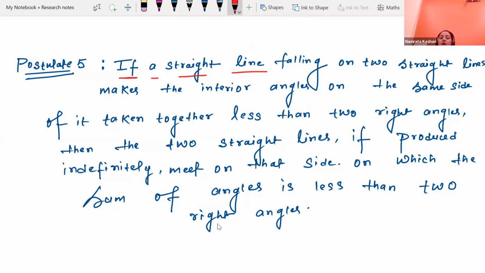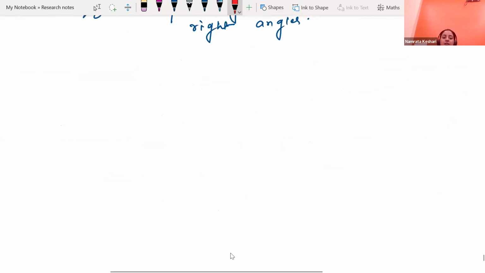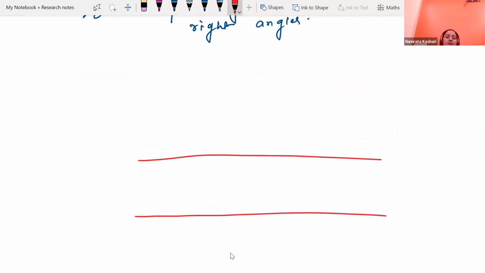But how will we draw? For that, let's read the next part also. If a straight line falling on two straight lines, there are two straight lines and one straight line is falling on both of them.